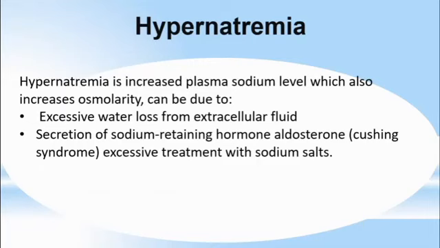Then is hypernatremia. As the name indicates, hyper means excess amount or above some level. So it is the increased level of plasma sodium, which also increases osmolarity and can be due to excessive water loss from extracellular fluid, secretion of the sodium-retaining hormone, that is aldosterone, or excessive treatment with sodium salt.